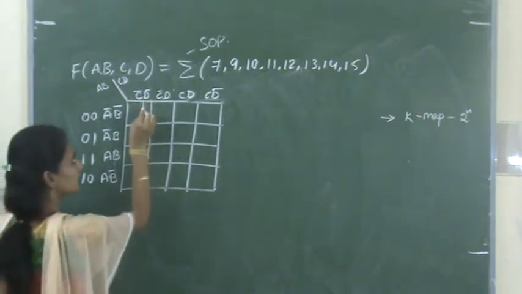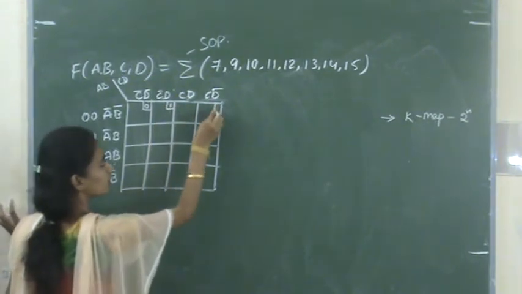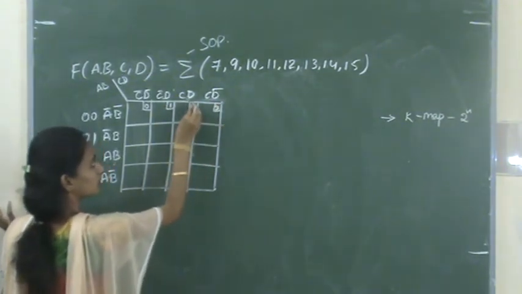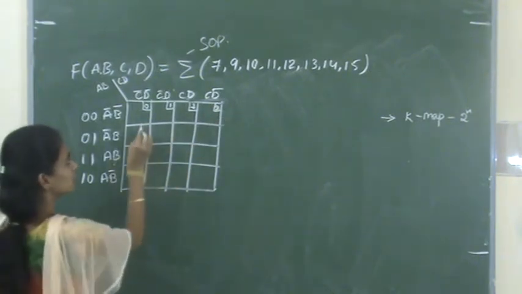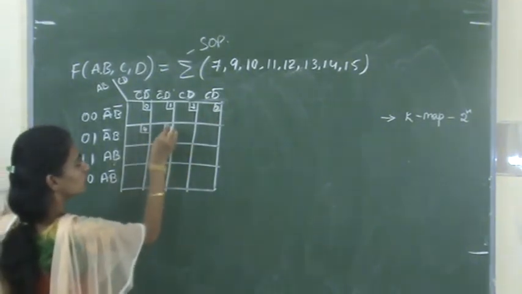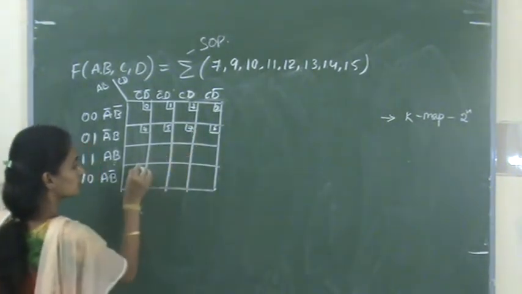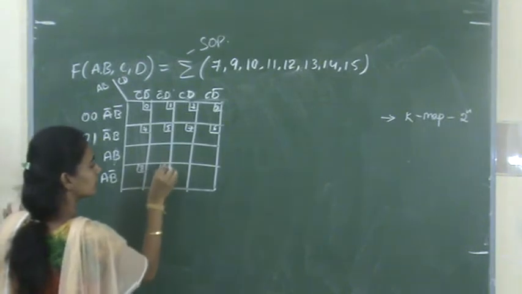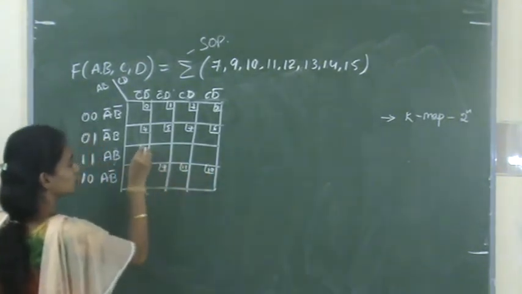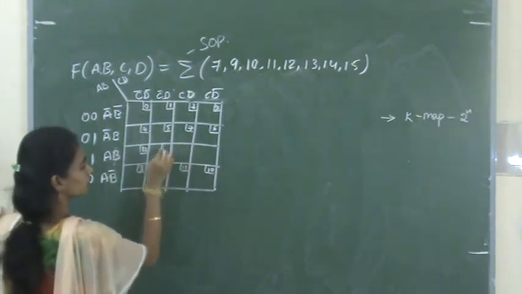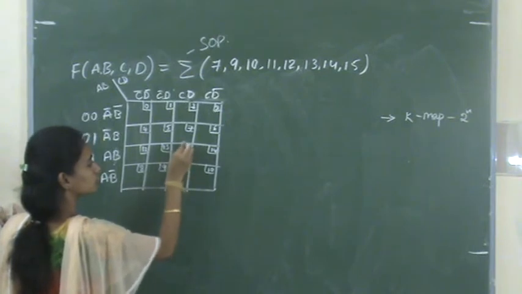So this is how we are writing the K-map. After that we need to write the decimal values for the K-map, right? So you know how to write these decimal values, right? 4, 5, 6, 7, 8, 9, 10, 15.